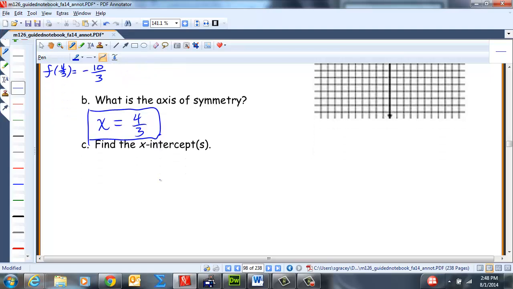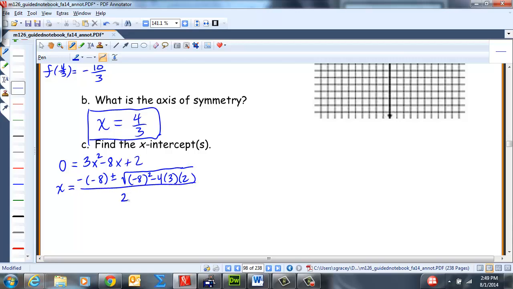So find the x-intercepts. So you need to find the zeros of the function. So 0 equals 3x squared minus 8x plus 2. I'm going to use the quadratic formula. So x is equal to the opposite of b plus or minus the square root of b squared minus 4 times a times c, all over 2a.